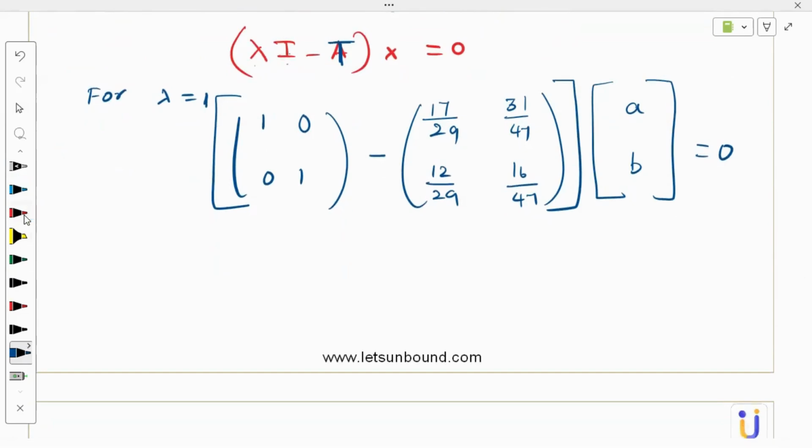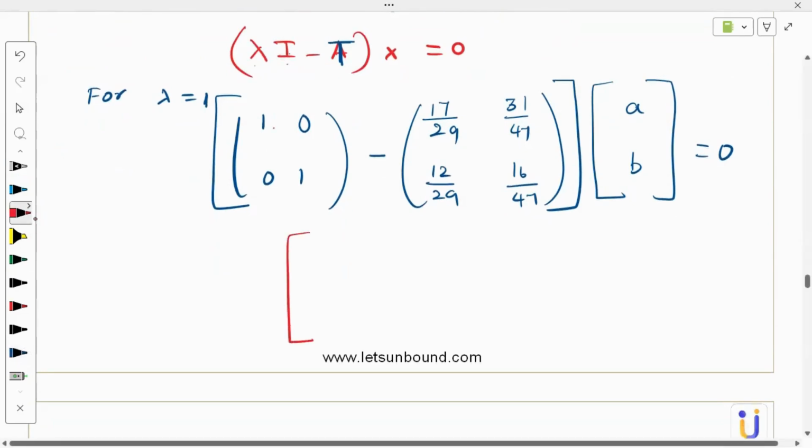First is quite simple. Subtract: 1 minus 17 over 29. So what is 1 minus 17 over 29? And 0 minus 31 by 47, so just minus 31 by 47. 0 minus 12 by 29, so minus 12 over 29. And here 1 minus 16 over 47.